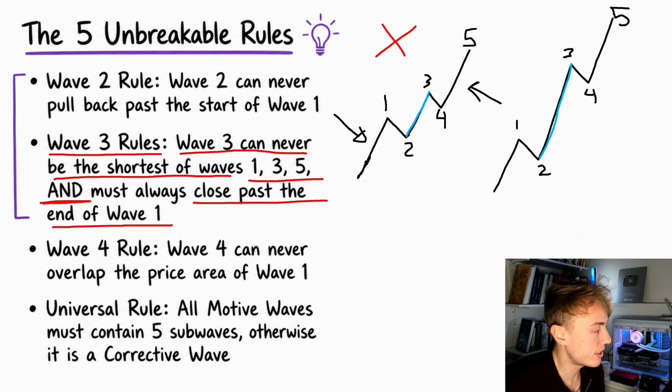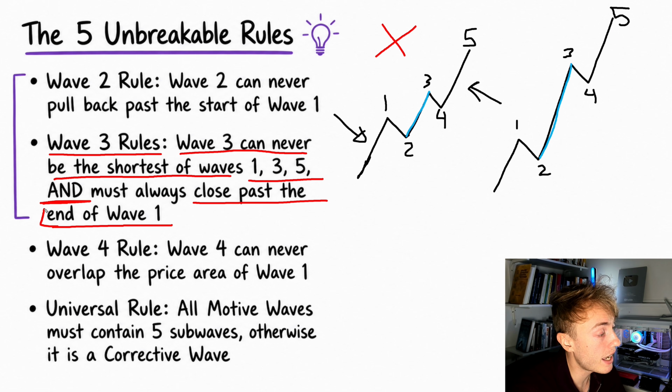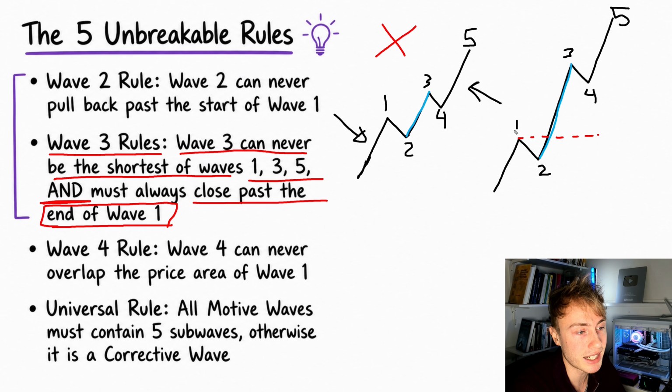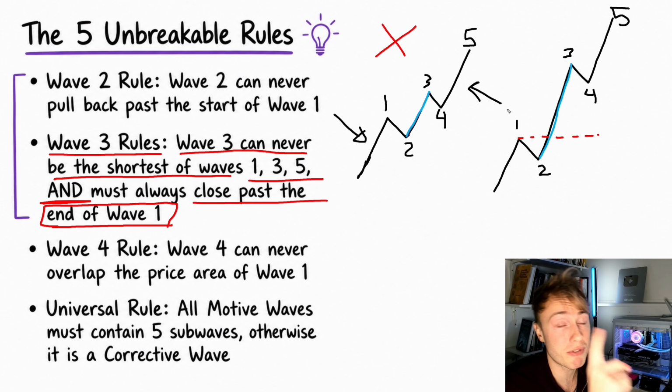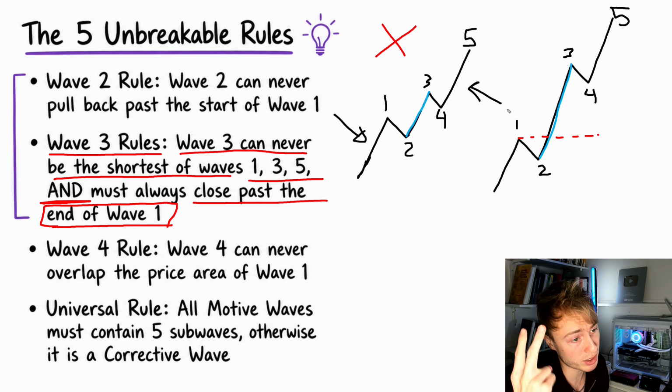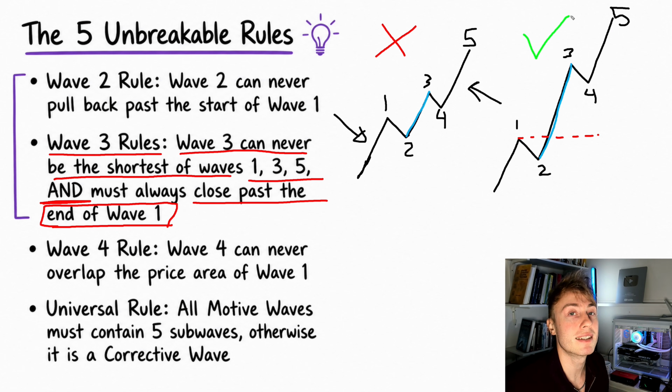And remember the second rule, wave 3 must always close past the end of wave 1. This is a pretty simple rule. We want this blue part to close above the high of wave 1. So in this case, wave 3 is the largest and we close above wave 1, so no rules are broken and we have a valid count.